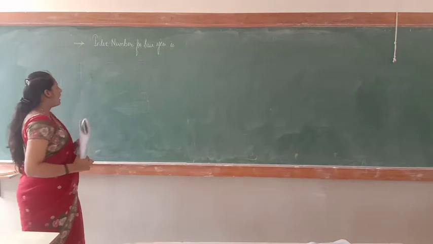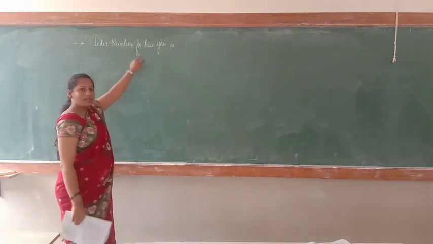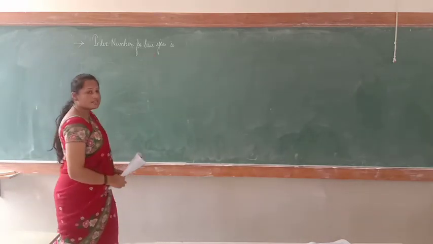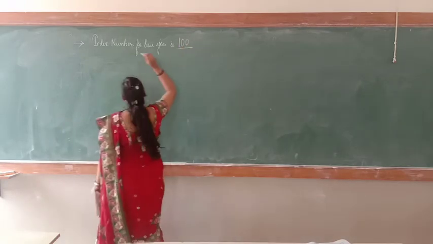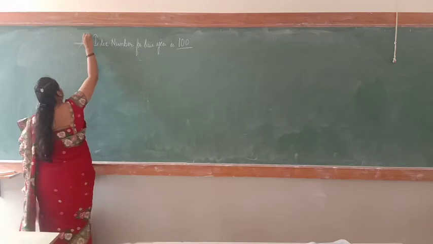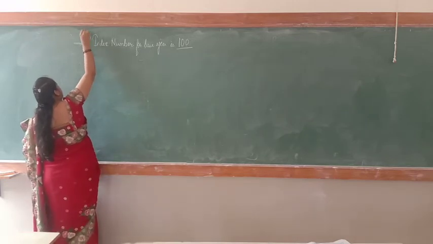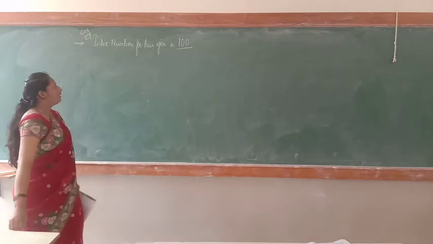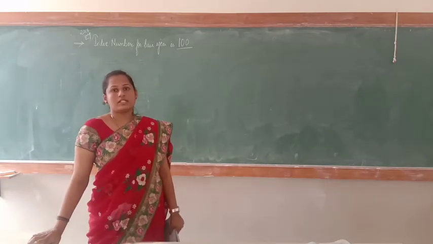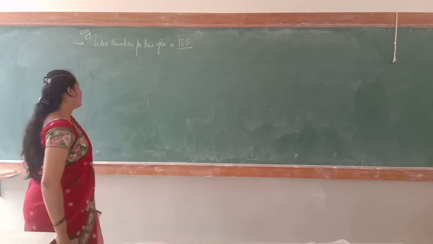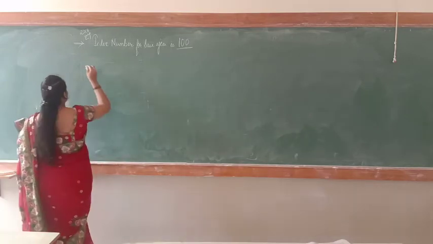As I told you, the index number for the base year is always 100. This is very important, and they asked this in the 2018 question paper. So the index number for the base year is always 100, P0 is always 100. This was my first note.